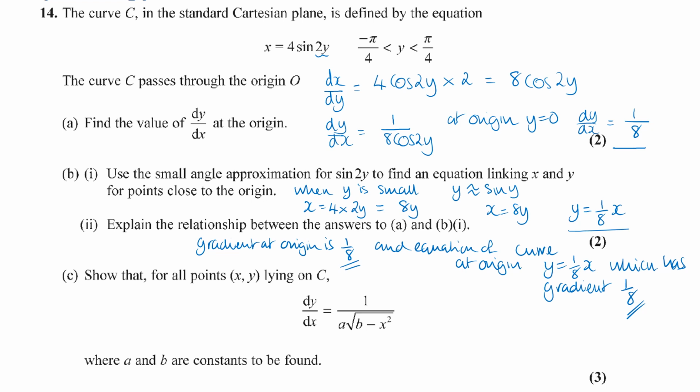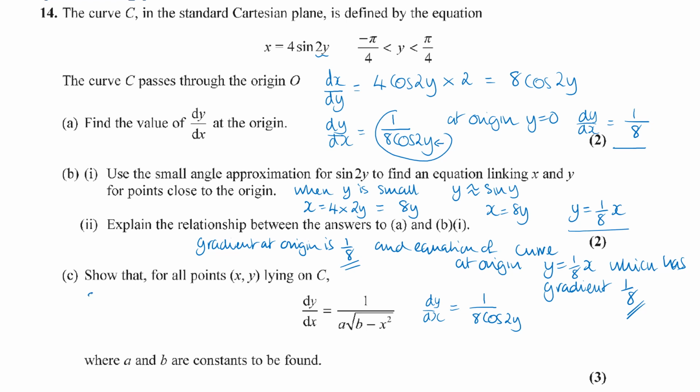Part C, show that for all points then dy by dx is 1 over this function with a's and b's. Well, so far we've got dy by dx and it's containing y, and we want it to find x. So dy by dx so far is 1 over 8 cos 2y.